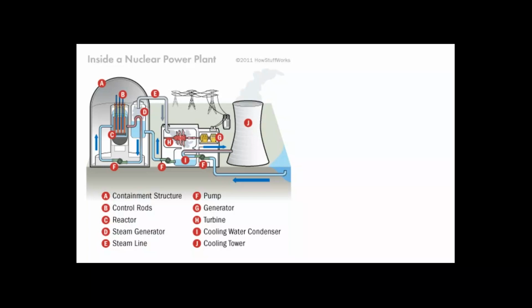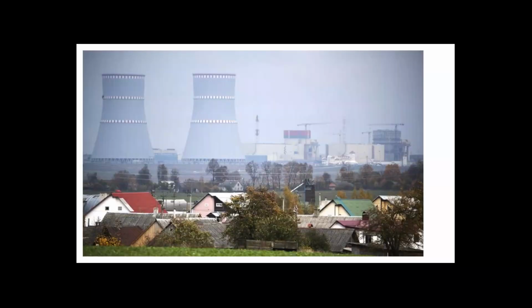Electricity must go to a transformer, which increases the voltage of electricity so it can be carried without much loss. And you have a cooling tower. Knowing that structure is important. And that's basically what a nuclear power plant looks like.